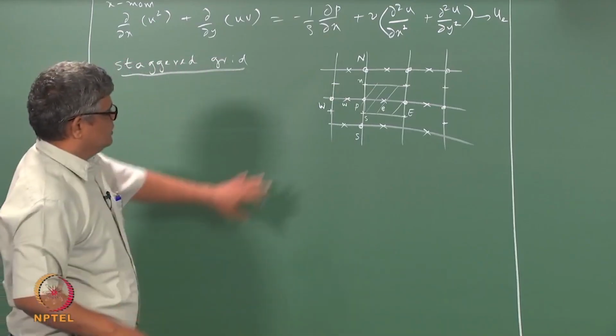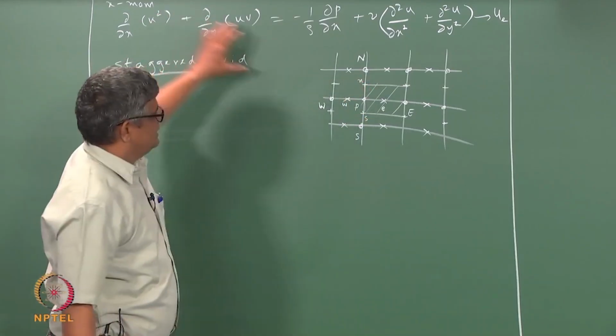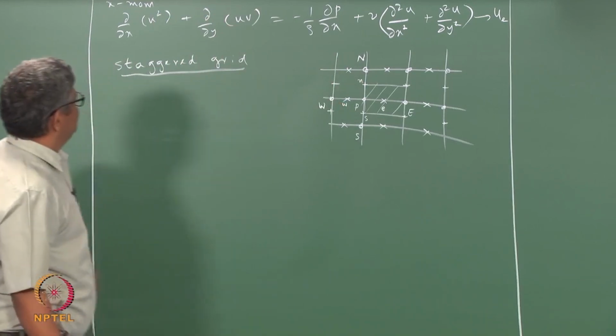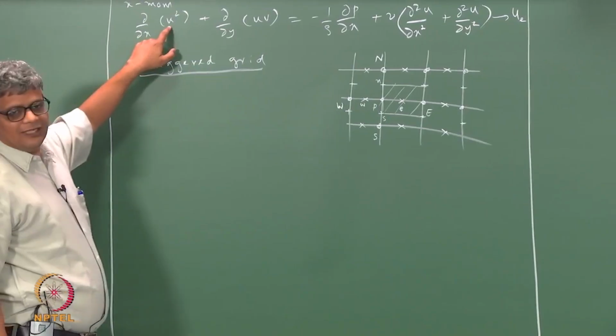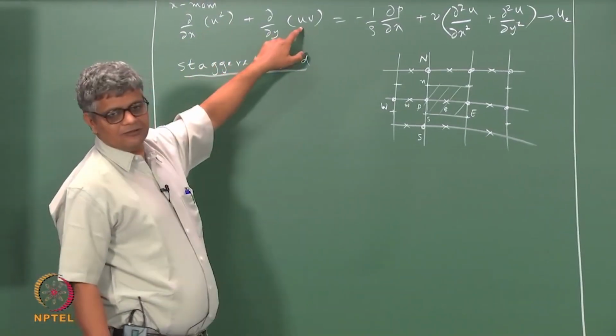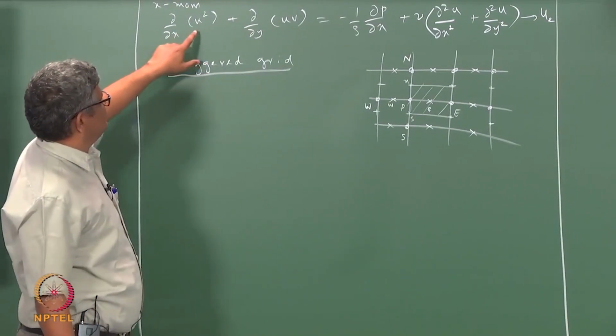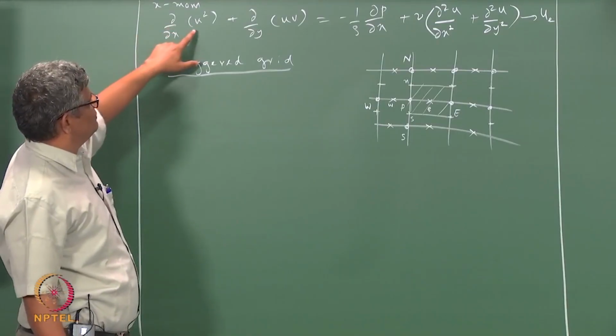So now we are trying to integrate this equation here, and in this equation we have nonlinearity and we have coupling. What we mean by nonlinearity is that we have ∂/∂x of u².